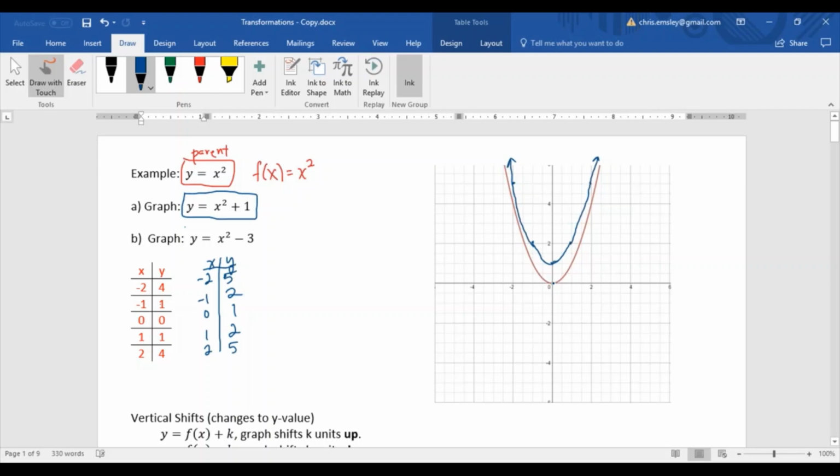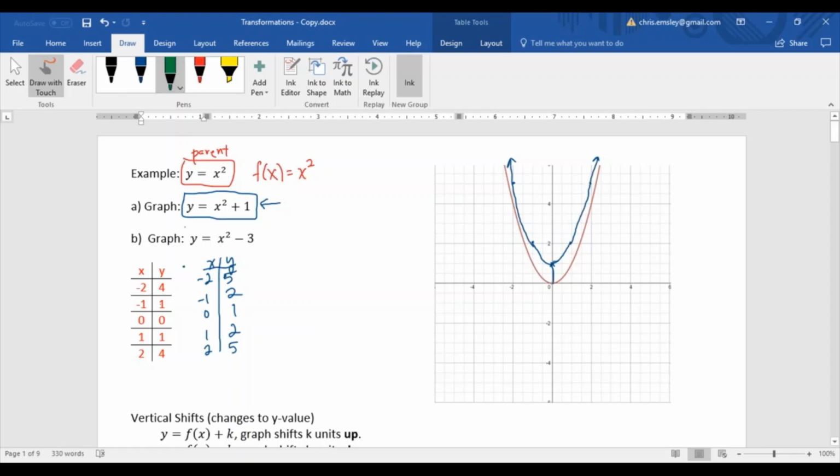It's just that every point that was on our first function is now moved up 1 unit. So that vertex that used to be at 0, 0 is now at 0, 1. So we can see that constant, that plus 1, took our whole graph and shifted it up 1 unit.